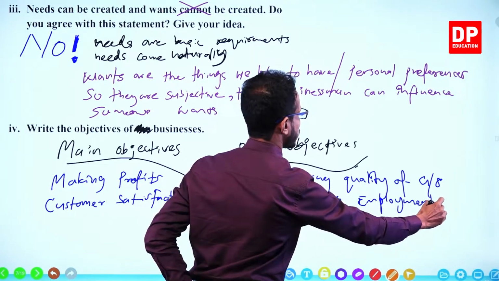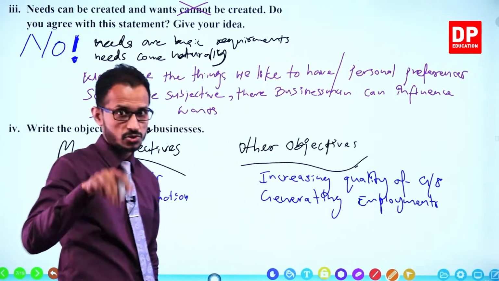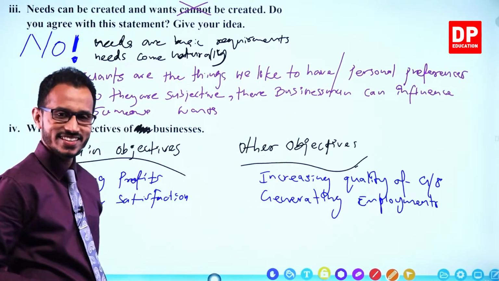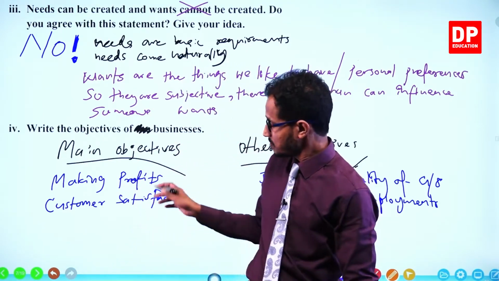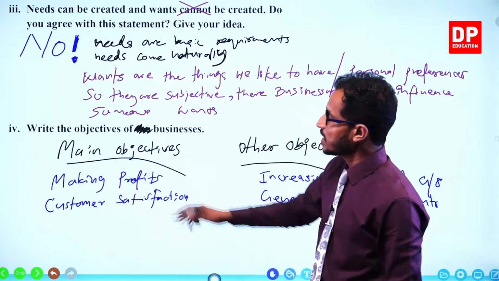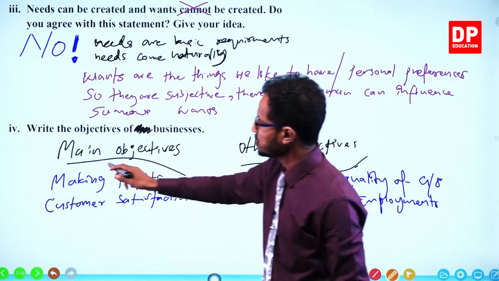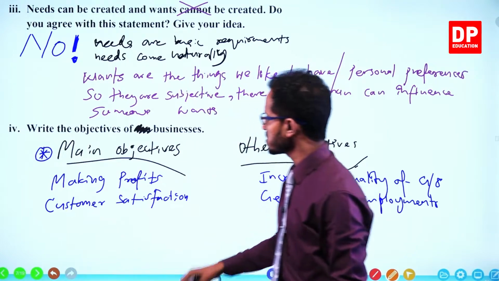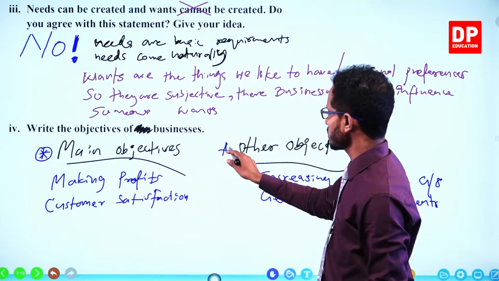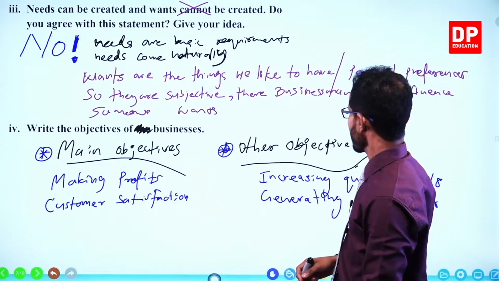That means generating jobs, employment opportunities. Yeah, quick writing, but it's clear, right? These are the objectives of businesses. Main objectives, sub-objectives. Other objectives means sub-objectives.